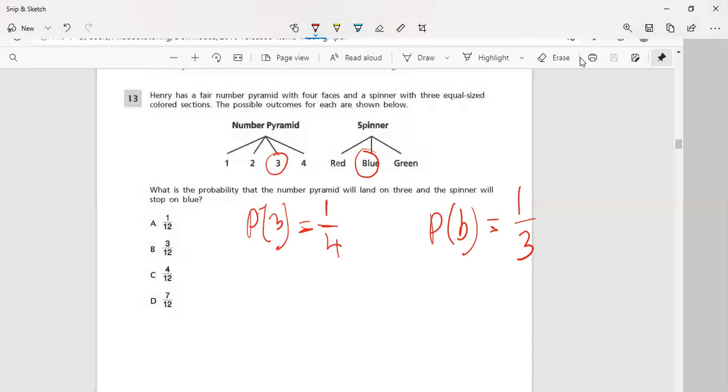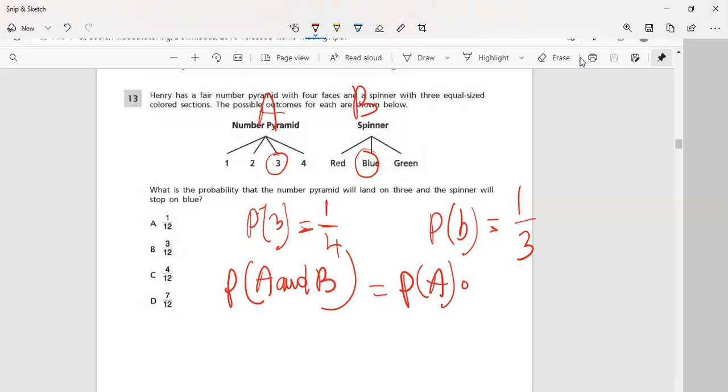Okay, so remember we did this. The rule says if you have 2 events, the probability of A and B, so let's call this A and this is B, the probability to have A and B at the same time, meaning a 3 here and a blue here, is the probability of A times the probability of B. Please don't get confused and add them.